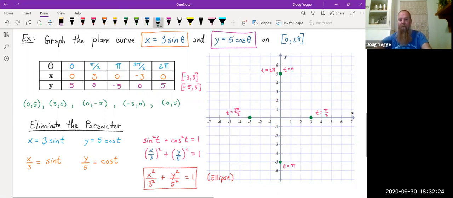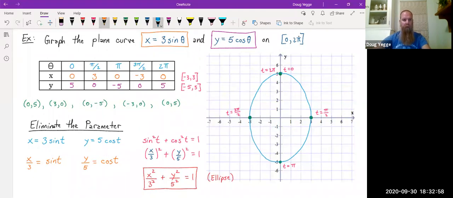So if we were to graph this starting at t equals 0, we would curve down to get to t equals pi over 2, keep curving until I get to pi, keep curving until I get to t equals 3 pi over 2, and then keep curving until I get to t equals 2 pi. The last thing to do on our plane curve is to indicate the direction of travel by putting the arrows along our plane curve.